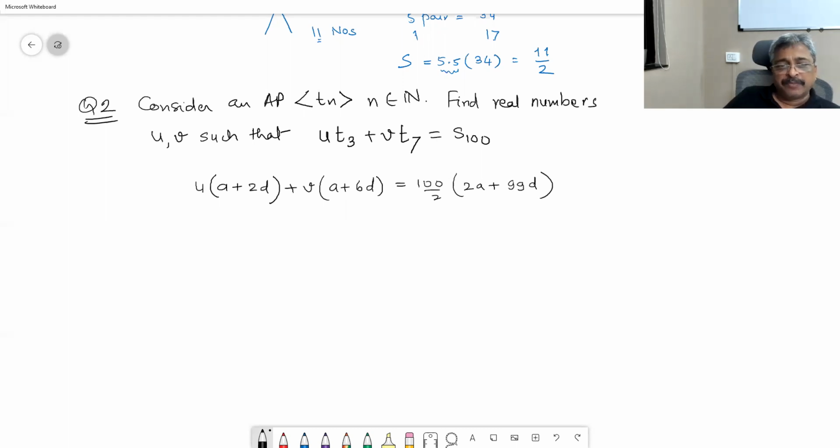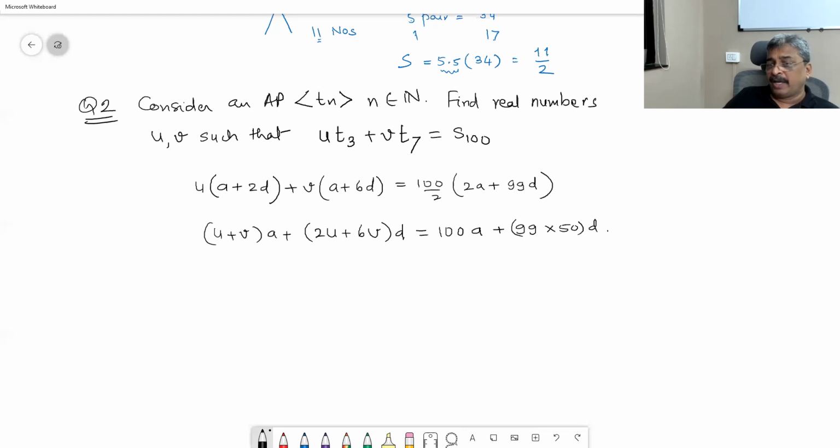Good. And therefore U plus V times A plus 2U plus 6V times D is equal to 100 times A plus 99 into 50 times D. We have to compare coefficients here to arrive at the values of U and V. The multiplier of A must be 100, which implies U plus V is equal to 100.